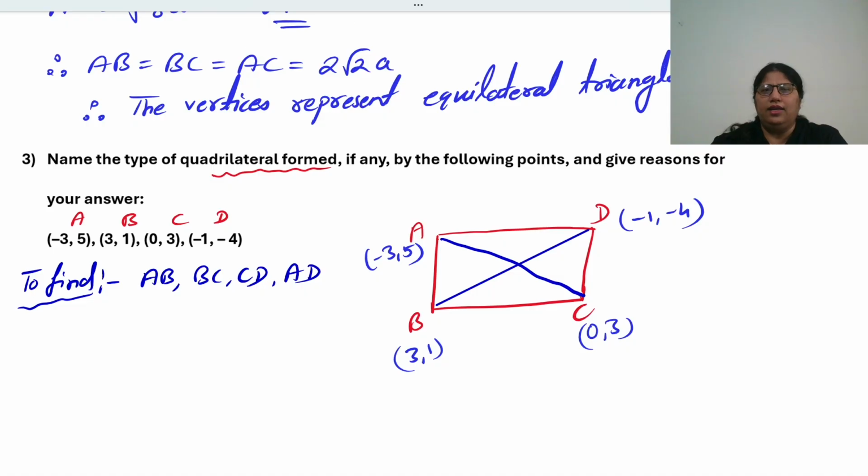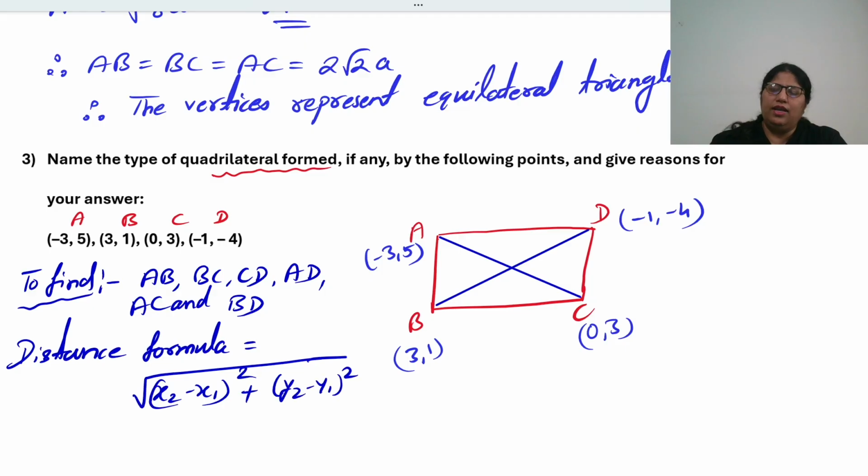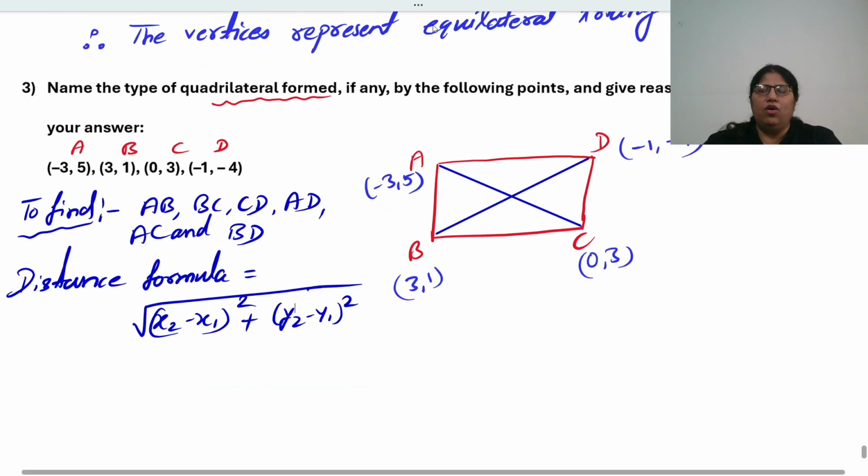So that means you have to use the distance formula 6 times to find these 6 lengths, right? So first let's start with writing the distance formula, that is the square root of x2 minus x1 whole square plus y2 minus y1 whole square. You can take it as x1 minus x2 also. You can change the order, right?